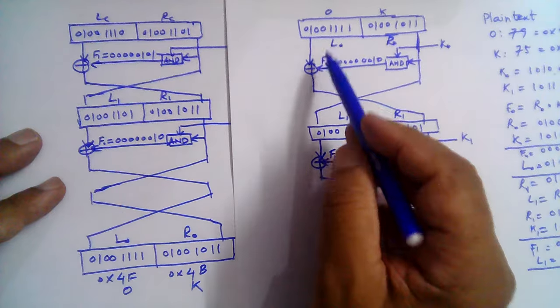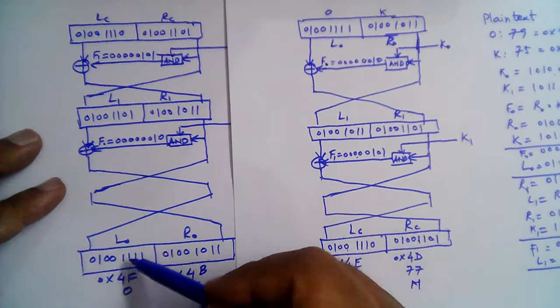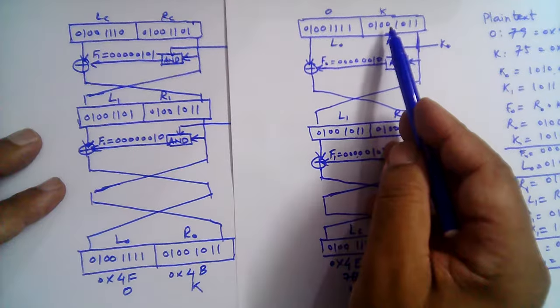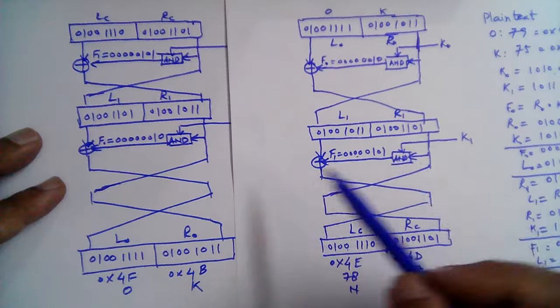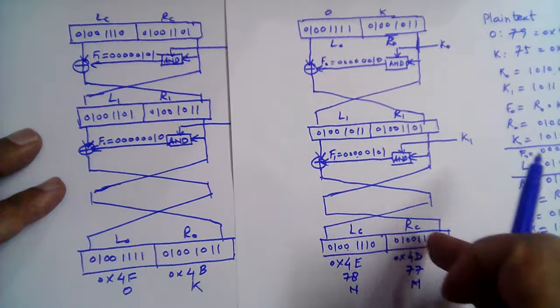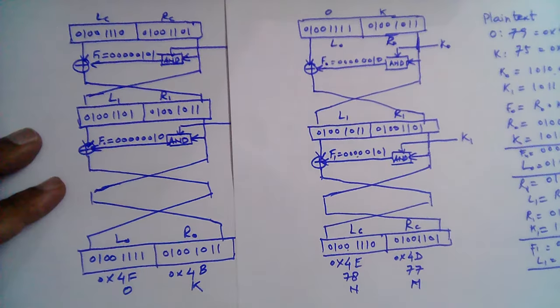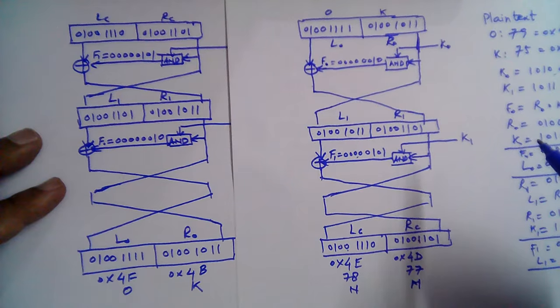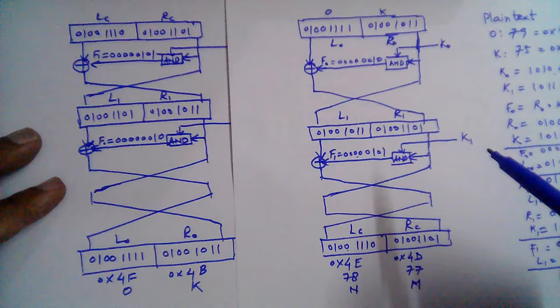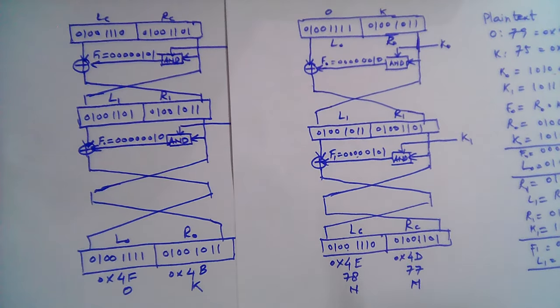And finally we get the plain text O, and the second part of the plain text, K. So this is the encryption process, and this is the decryption process. We run the encryption process in reverse to retrieve the plain text. I think that concludes our discussion of the Feistel cipher structure.